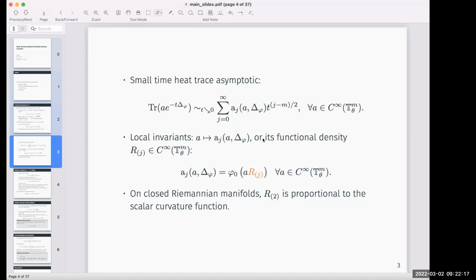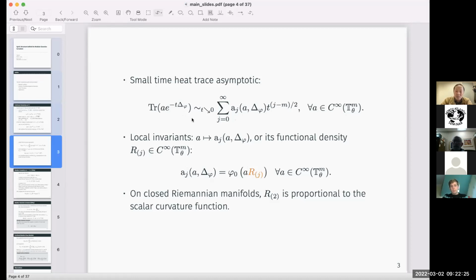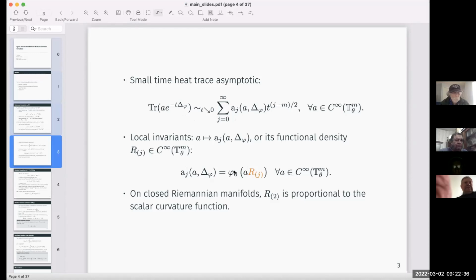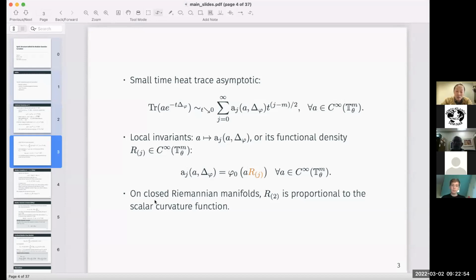In the process of proving this asymptotic expansion, one can show that this abstract functional is absolutely continuous with respect to φ_0. You can think of φ_0 as integration against the flat volume form. It has a density, which is an element in this smooth algebra.